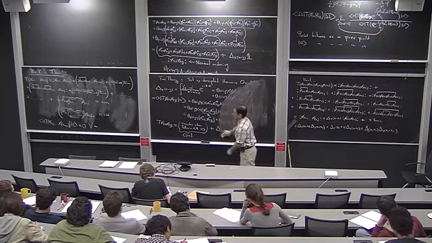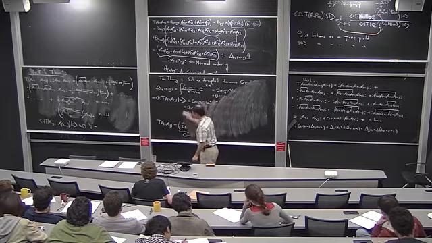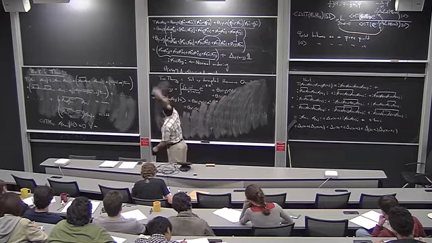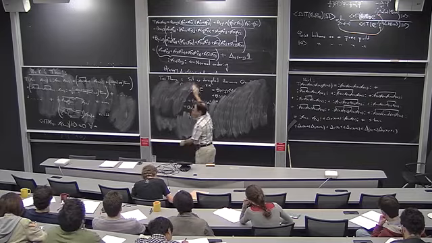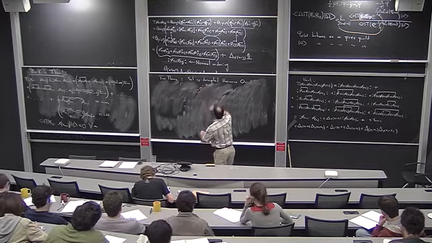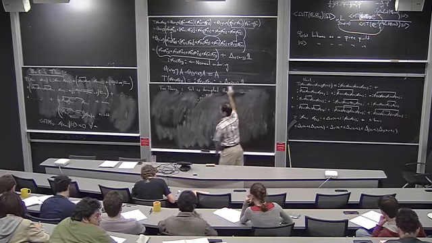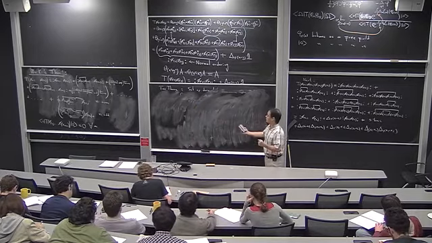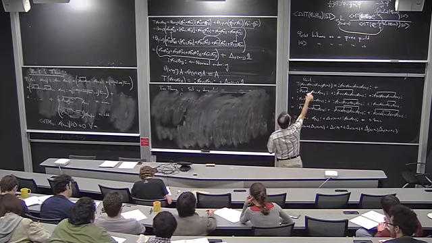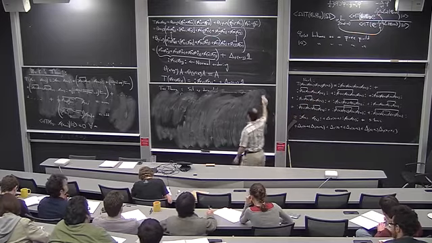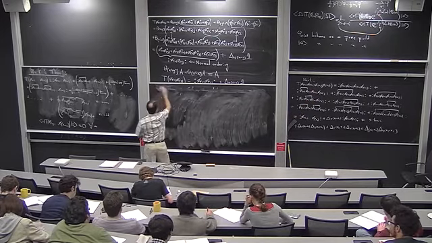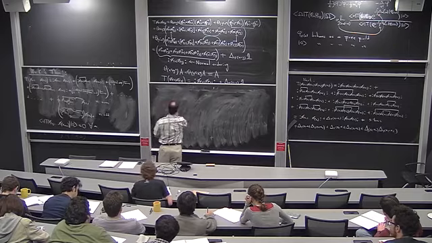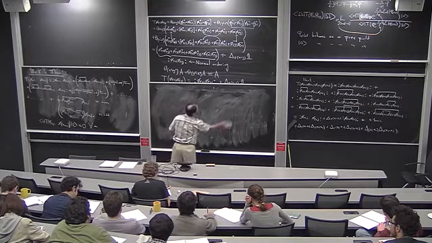Now that we are experts in computing free theory correlation functions, which is quite something, because we have reduced the problem of doing the interacting theory to that of computing free theory correlation functions, we're in business.